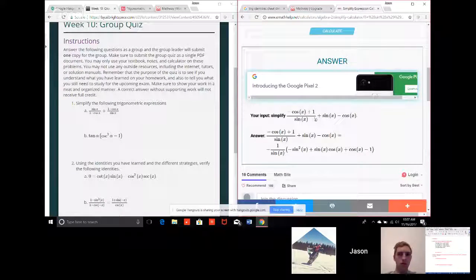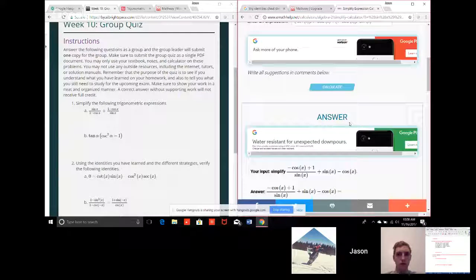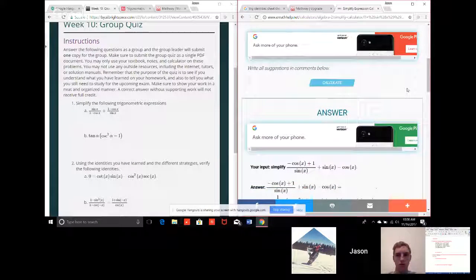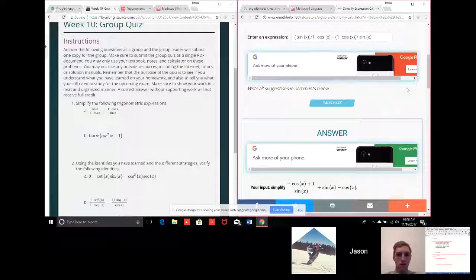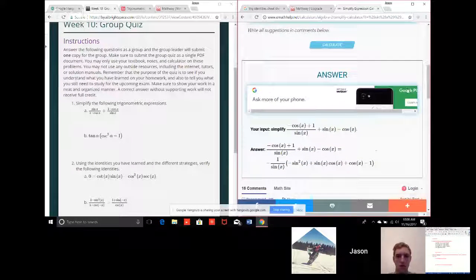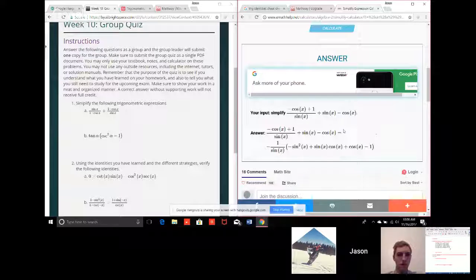Wait. It's not my input. I don't think that's right. That does not look simplified. In fact, it actually looks more unsimplified. Yeah, that's what I'm getting on another website too. Same thing. It just looks way too complicated.